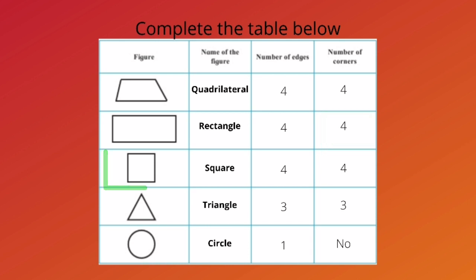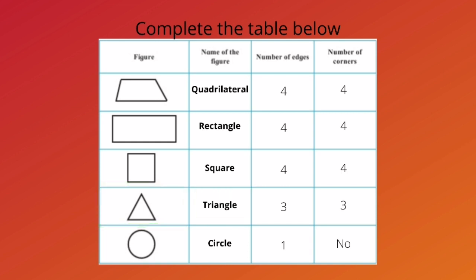The next figure is square. So you all are going to write square over here, and number of edges, that is 4 in this column, and number of corner, that is 4 in the last column. The next is triangle.